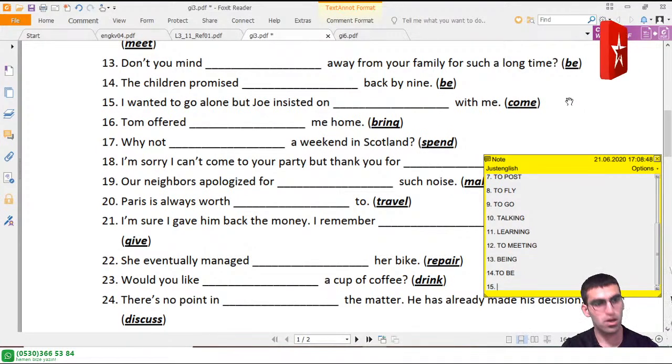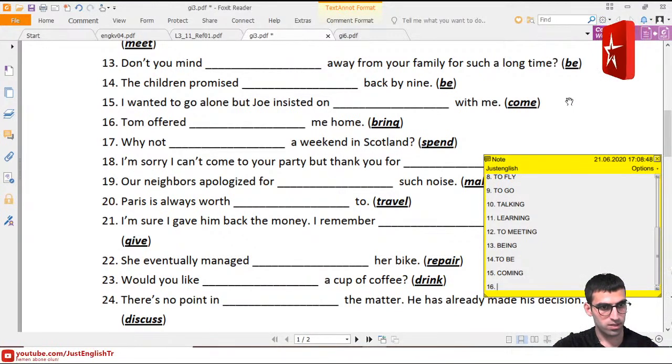After insist on, after prepositions, we have to use the gerund form. So we have to use coming. Insist on coming with me. Coming is a correct answer for number 15. Yes, insist on coming.